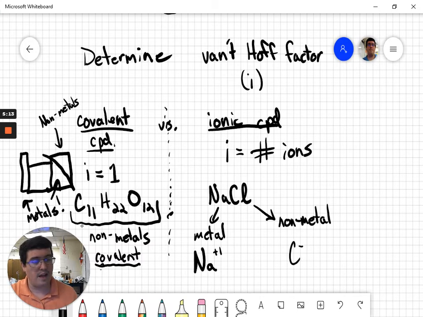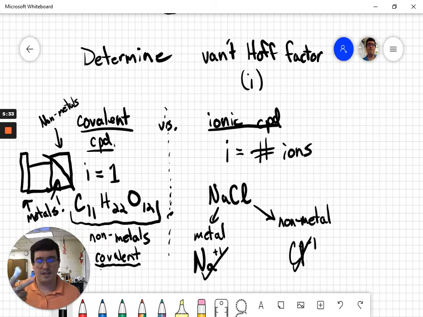Nonmetals form negative ions, Cl -1. And you have to do the group number minus 18. So since chlorine is in group 17, you take away 18, you get -1. And that's why these two dissociate. They form ionic compounds. So we'd check the number of ions, 1, 2. That gives us an i of 2 for sodium chloride.